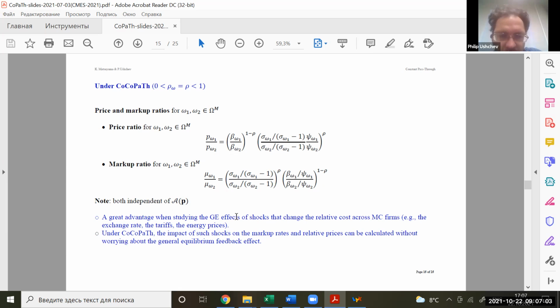This is a great advantage when studying the general equilibrium effects of shocks that change the relative cost across monopolistically competitive firms, which could be, again, anything: changes in the exchange rate, changes in tariffs, changes in energy prices, etc. So under COCOA-Path, the impact of such shocks on the markup rates and relative prices can be calculated without worrying about feedback effects imposed by general equilibrium.